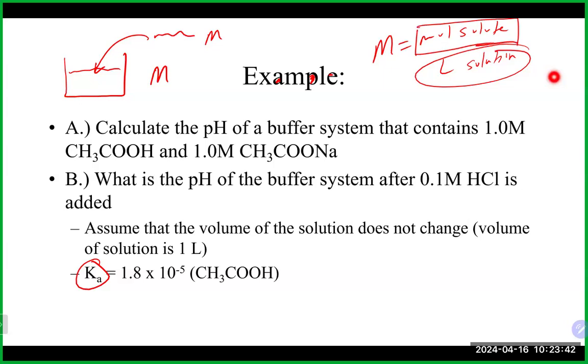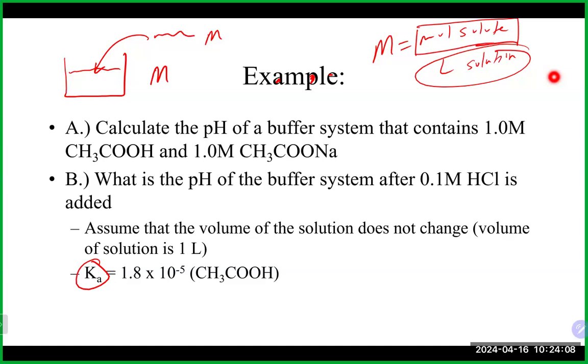So whenever you're in a situation like this, and buffers are a situation where this occurs, titrations that we'll talk about next are a situation where you are constantly adding volume to volume to volume. In a buffer, if you add more solution to it, we always need to do our ice tables in moles because they stay the same.